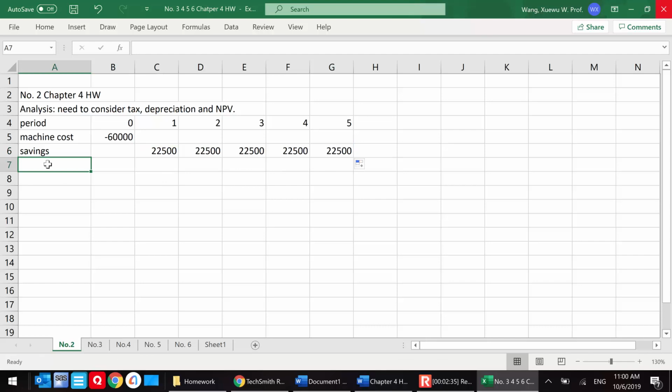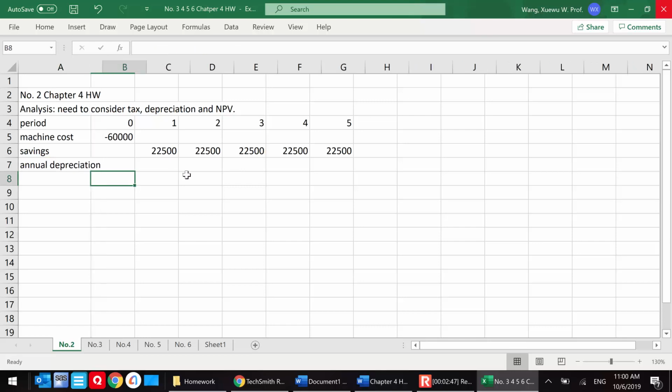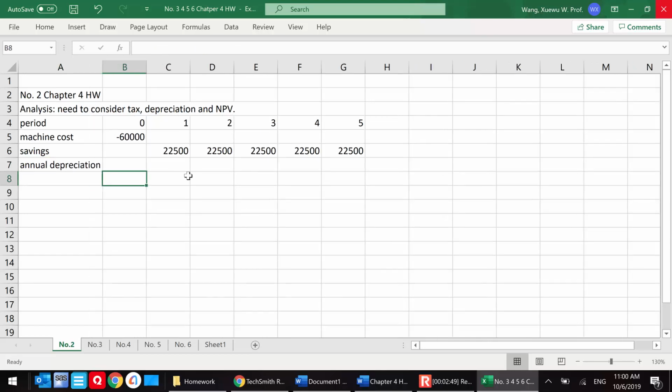Now let's look at the book value. The book value is actually 10,000. So let's look at annual depreciation. This is where some of you might be confused. Remember, the book value is the machine cost minus the total amount that has been depreciated. In this case, the book value is 10,000 and the machine costs 60,000, so the total depreciation is going to be 50,000.